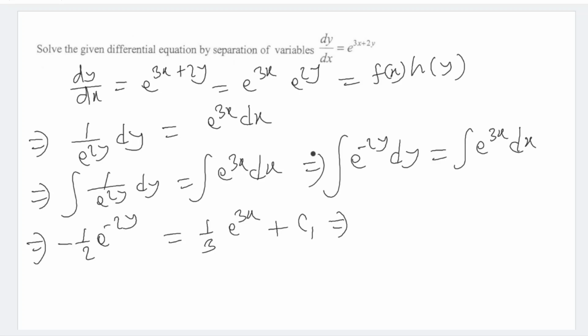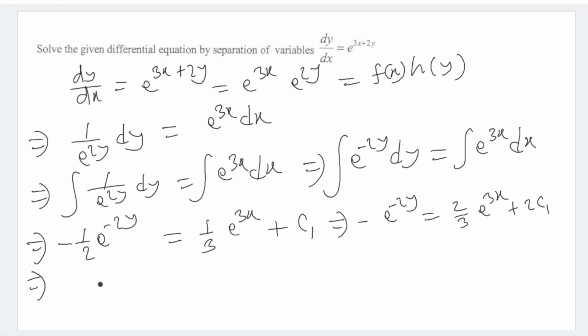Now when we simplify this one, we will get minus e power minus 2y equals 2 by 3 e power 3x plus 2c1.